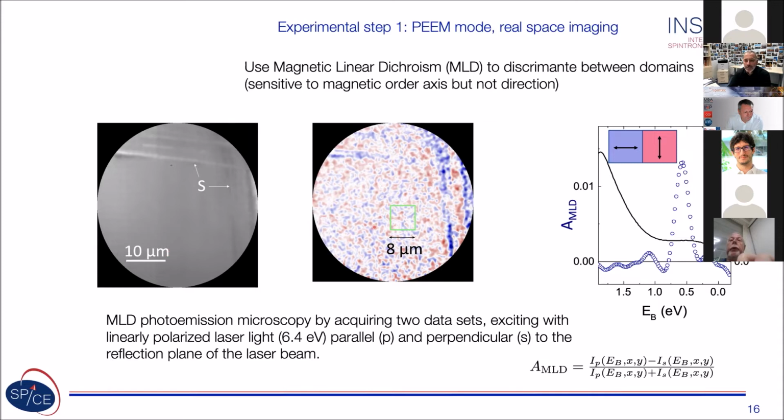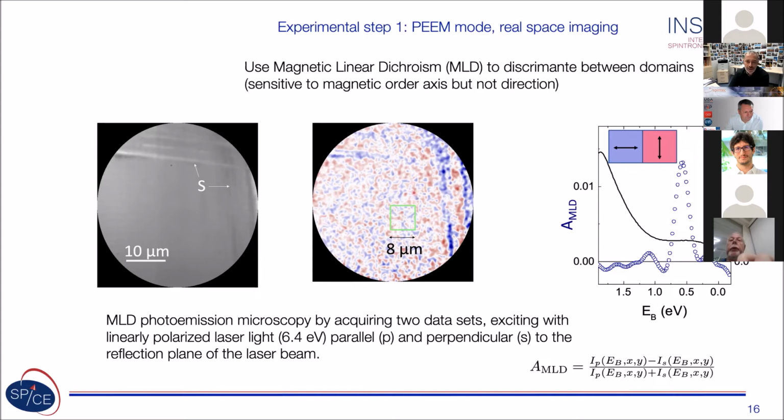And we measured here the photoemission magnetic linear dichroism images, which can distinguish now. We choose to do them as a function of energy. They're most sensitive around 0.6 electron volts binding energy, because that's where it's the most sensitive. And here, as you know, this can distinguish between the orientation of the Néel vector.